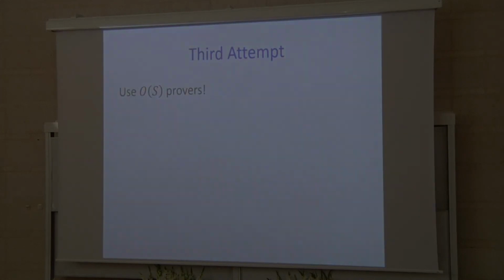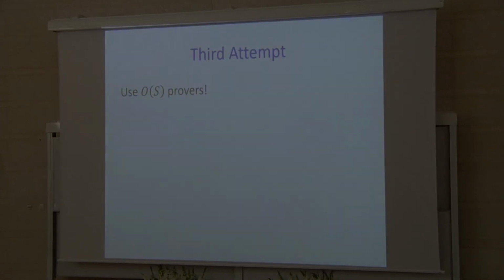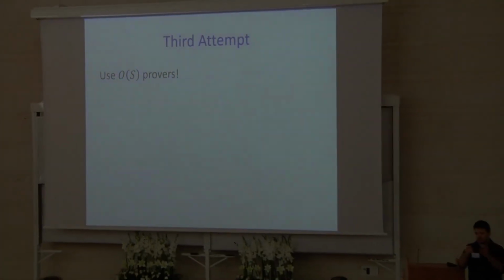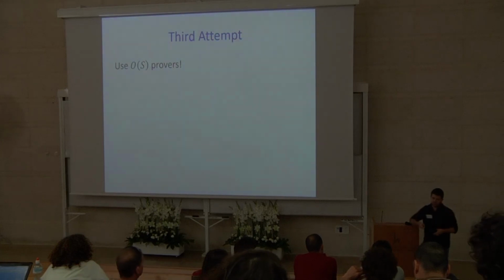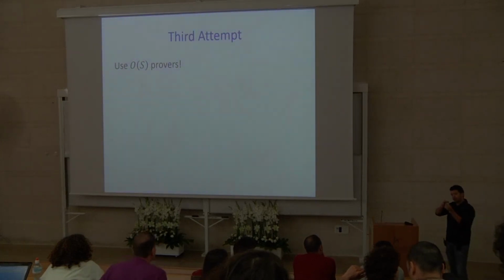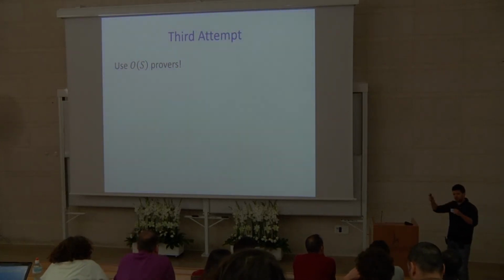So our third attempt. I need to ask about these gates, so the three points. If in my proof I'm going to ask 3 queries, then I need there to be 3 provers, and actually, through each point I'm taking a random line, so I need a little bit more than 3.